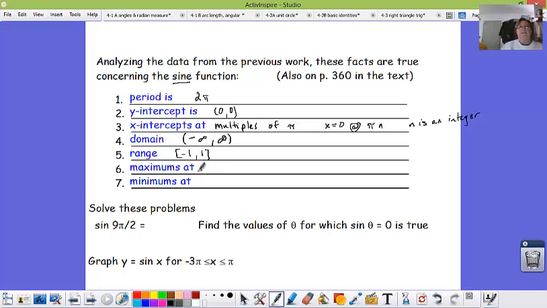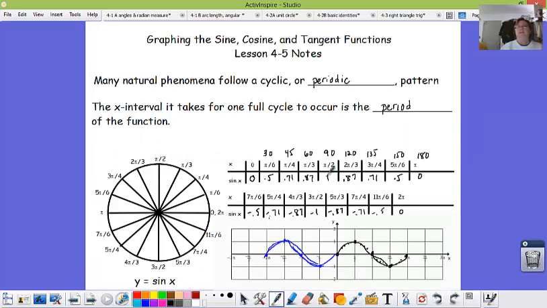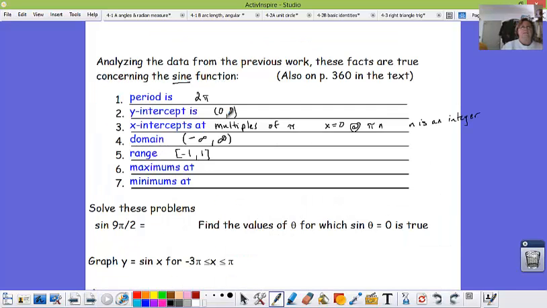Maximums occur at, okay, we're going to need to look at the graph again. Maximum for the sine function is when it hits 1. And you can see that it does that at pi halves. It's not going to hit 1 again until it goes through another full cycle. That's 5 pi halves right there. That's a multiple of pi half. It's one full cycle past pi halves. So I think we could write it this way.